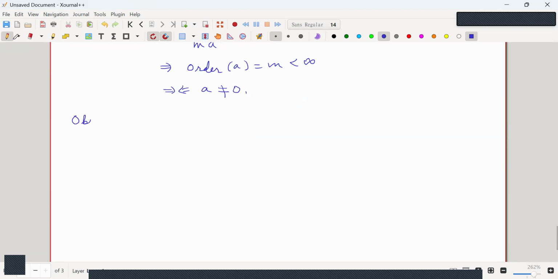Now, here is one observation. First of all, this implies the order of G is infinite.